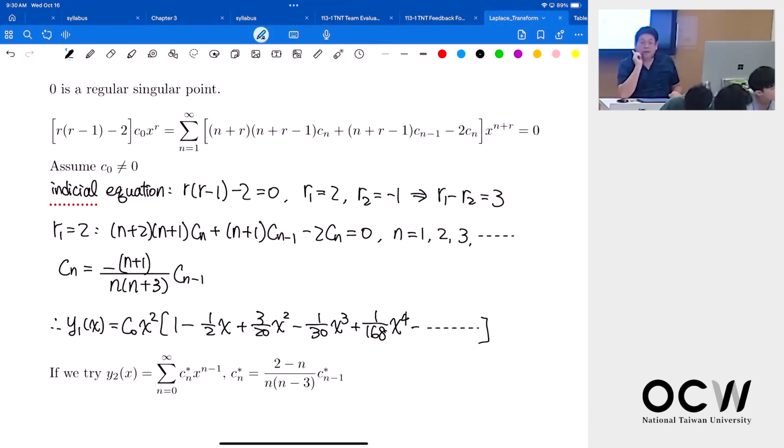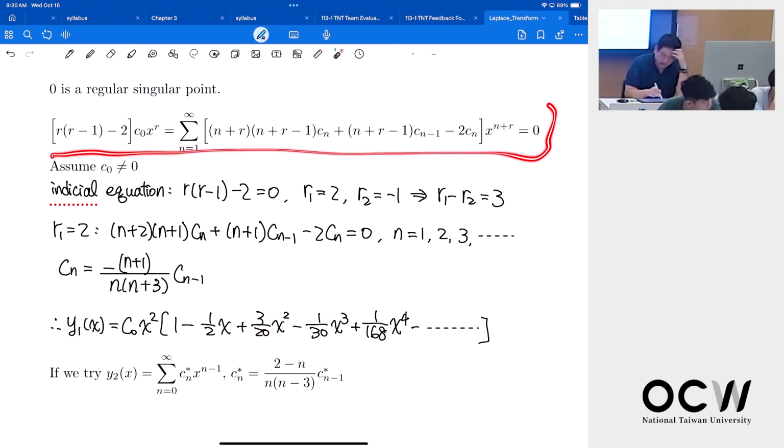Make sure that at home you derive this equation.